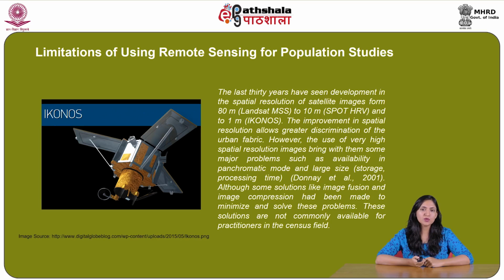However, the use of very high spatial resolution images brings with it some major problems such as availability only in panchromatic mode, and large size of storage and processing time. Although some solutions like image fusion and image compression have been made to minimize and solve these problems, these solutions are not commonly available for practitioners in the census field.